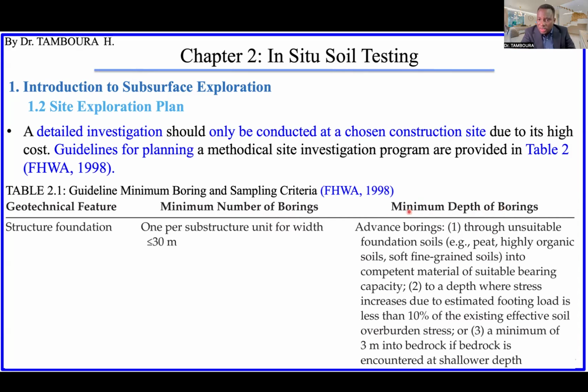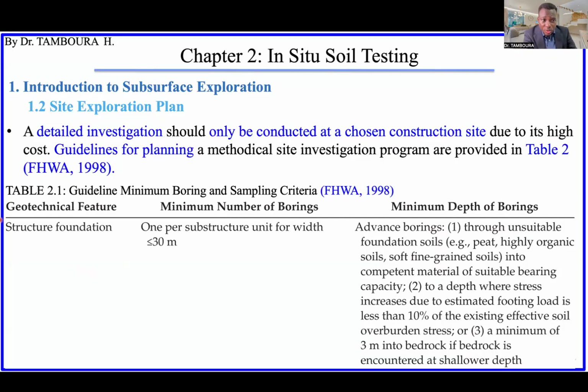As you can see, this is minimum. It doesn't mean maximum. Okay. So as you can see here, it will depend on the structure we are dealing with.